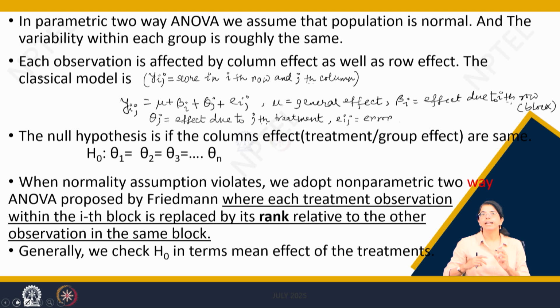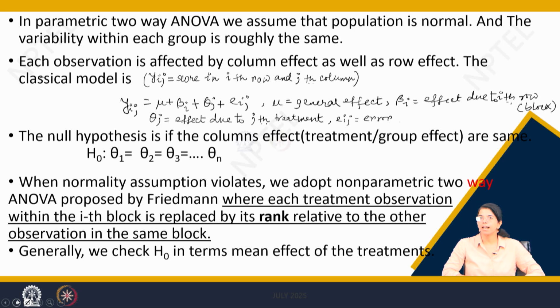And the effects present in every observation but not explained are denoted by Eij, that is the error, the unexplained part.